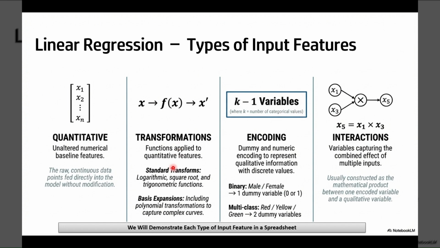You could apply operations like log, square root, trigonometric functions. You could also apply basis expansions where we use polynomial transformation, something like you cube a particular quantitative feature, you make it a polynomial of some order. It's up to you and your use case.